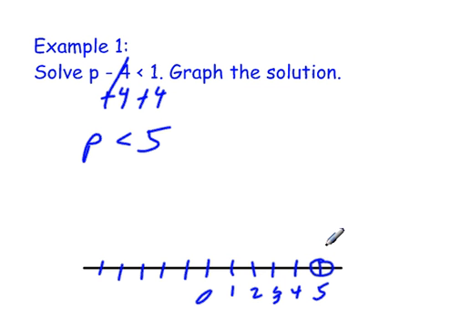If it said less than or equal to, then I would close that circle, and that way it would also include that one. But it says p is less than 5, so I need to darken going this way, because we know that p is anything less than 5, and it'll be true.